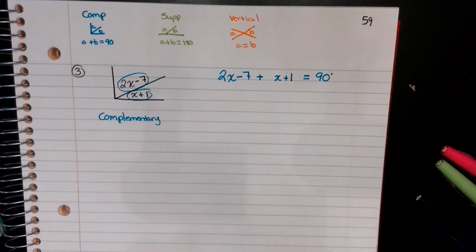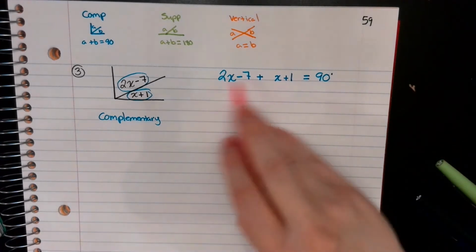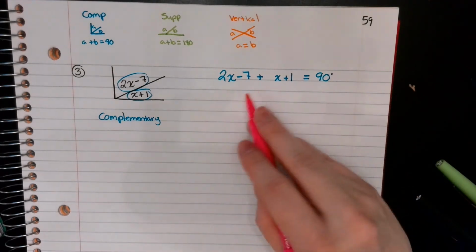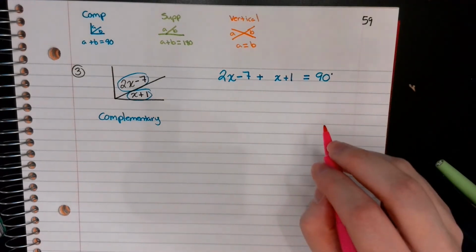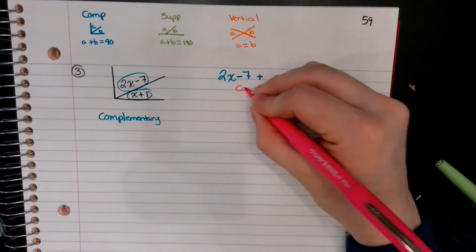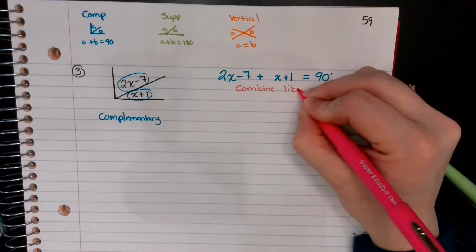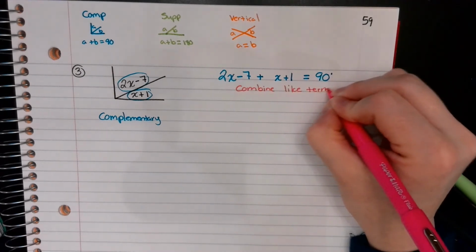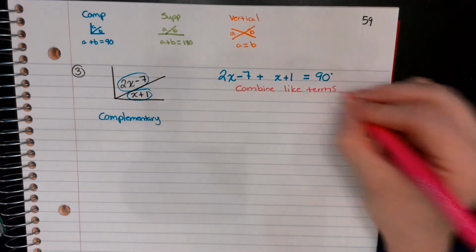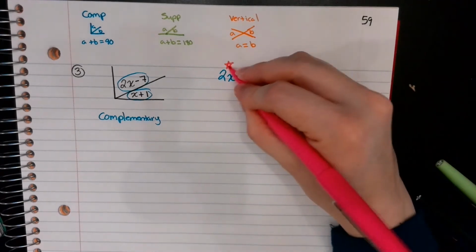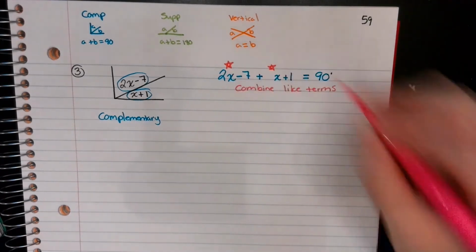So before I can even get going, I notice that I have multiple x values. I've got multiple constant values. That means we need to focus first on combining our like terms. So we need to combine the terms that are considered to be alike. So for example, 2x plus x.